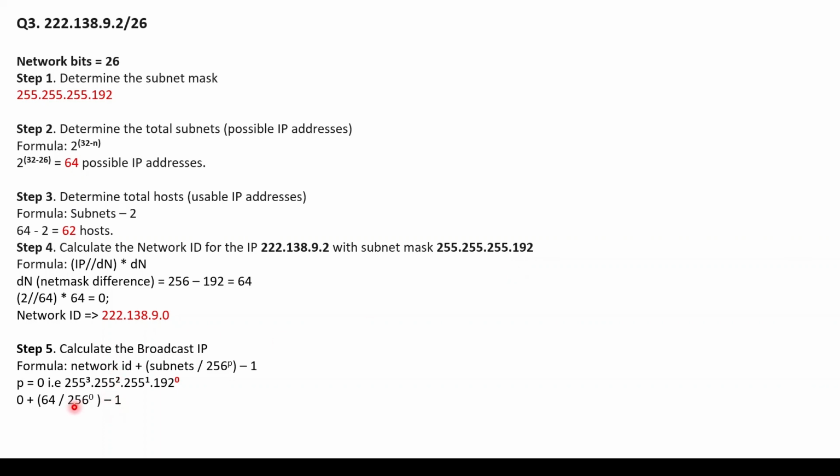So 256 raised to the power of 0 is 1. Therefore, we have 0 plus 64 minus 1, which is equal to 63. Therefore, our broadcast IP is 222.138.9.63, which is our broadcast IP address.